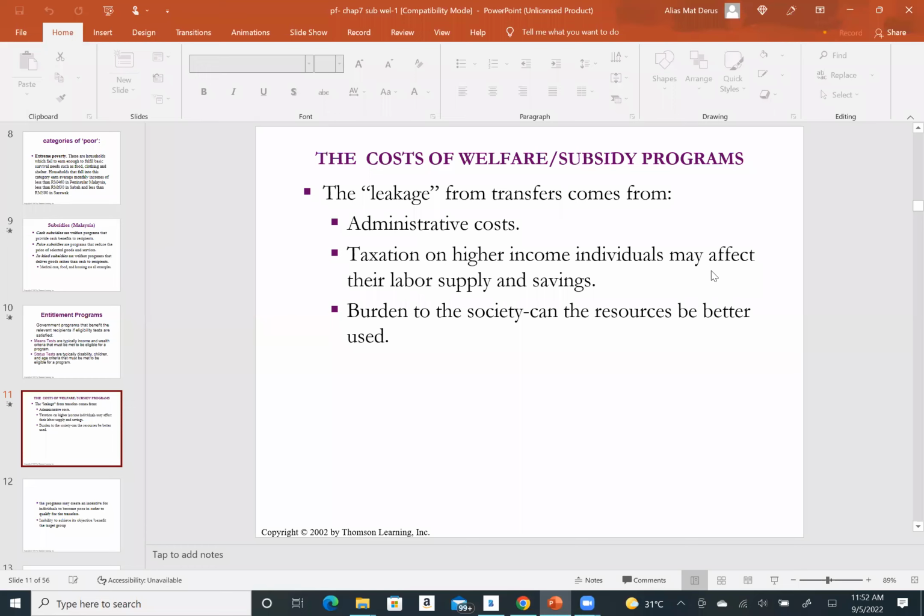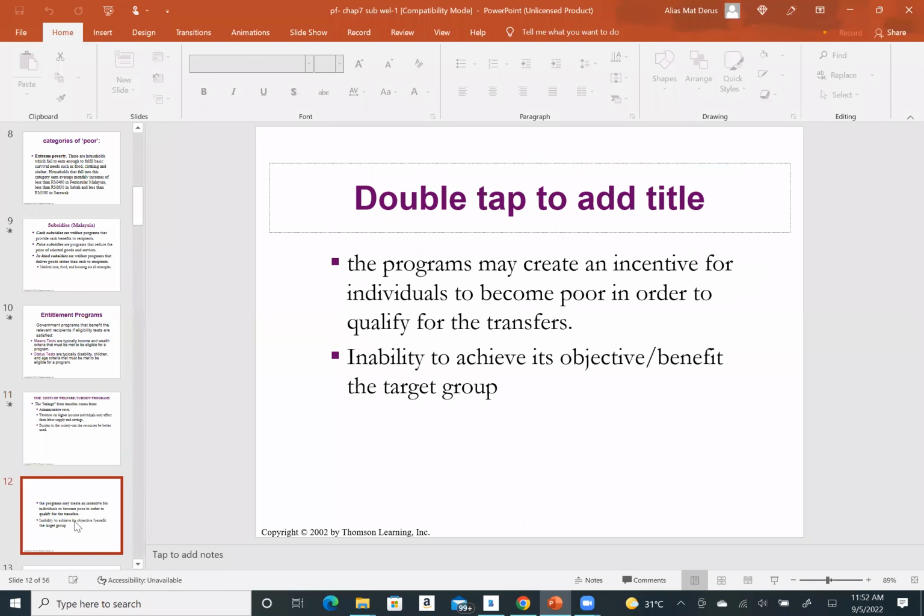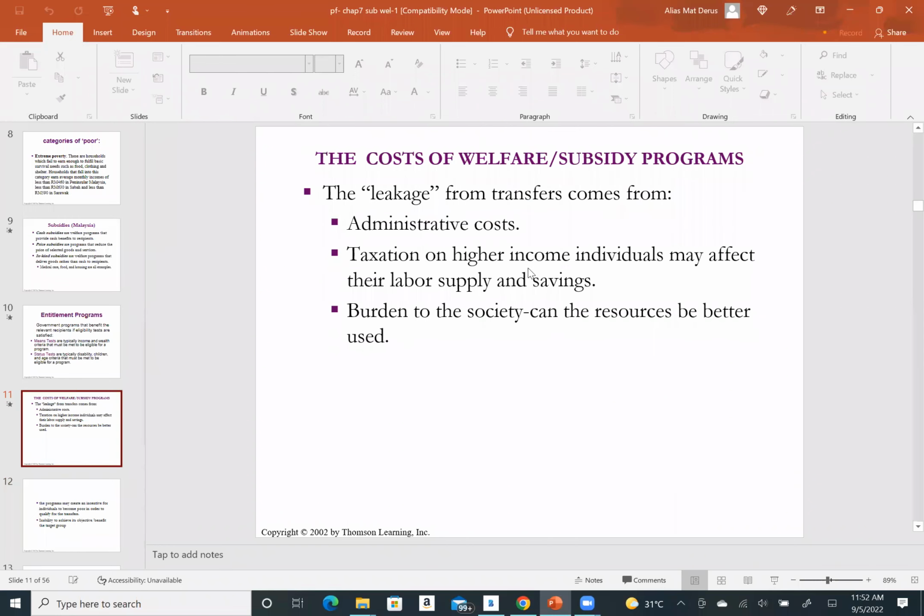Taxation on higher income individuals. The one that is more relevant is what we were talking about earlier. It may not achieve the objective of the subsidy. It may not benefit only the target group. It may benefit other people.